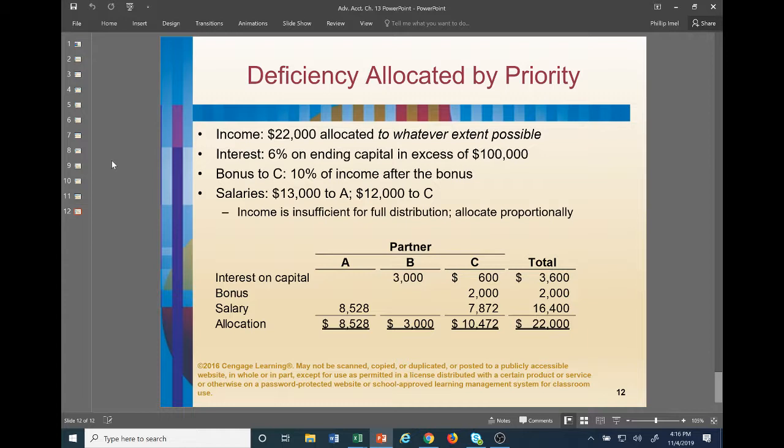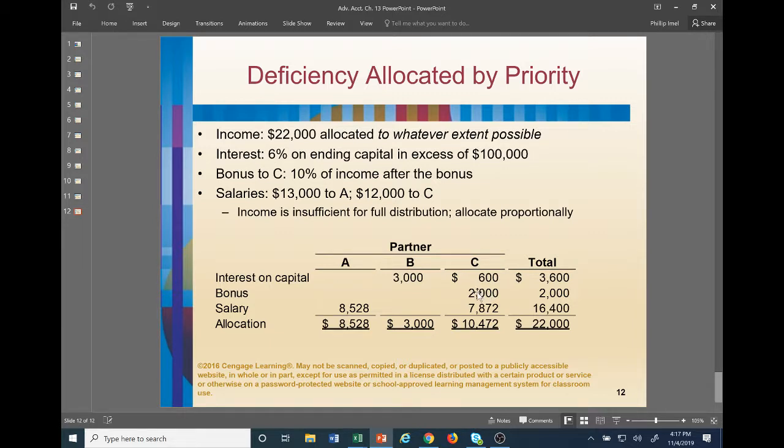Assuming the components listed in the previous illustrations are already in order of priority, a partnership income of $22,000 would be distributed as follows. Interest on capital, once again, 6.3. The bonus here, because it's a $22,000 bonus to him, same as it was on the other one. Then the 10% of the net income after the bonus has been given.